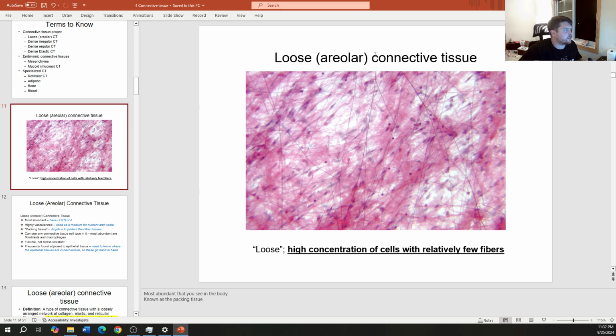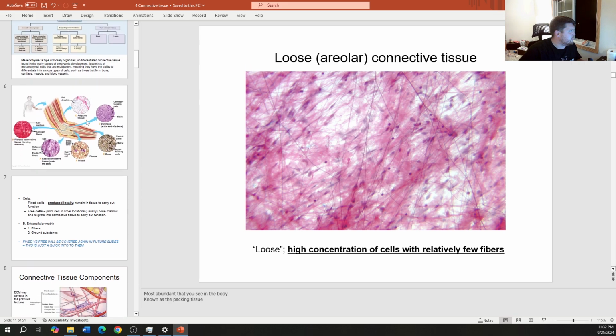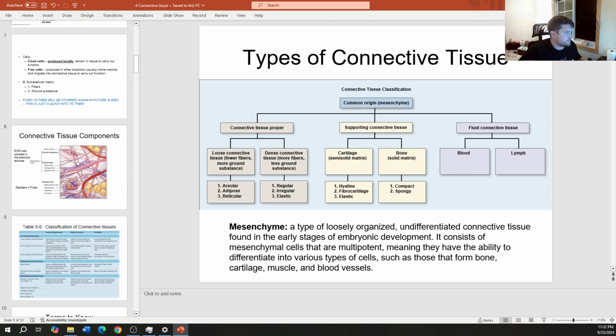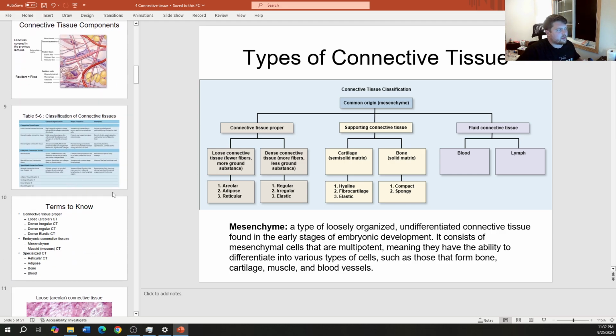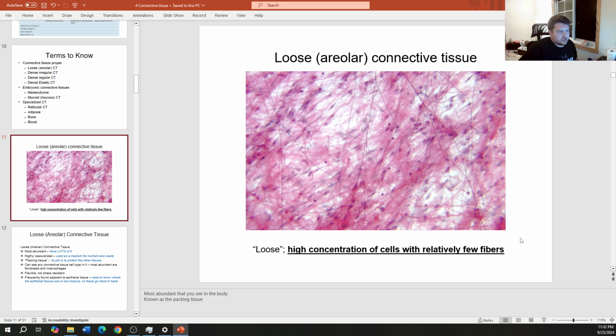Okay, starting with the loose tissue. This is the loose areolar connective tissue. This is the main one that we really talk about. When you talk about loose connective tissue, you primarily are talking about the areolar tissue. Areolar is going to be on a test question.